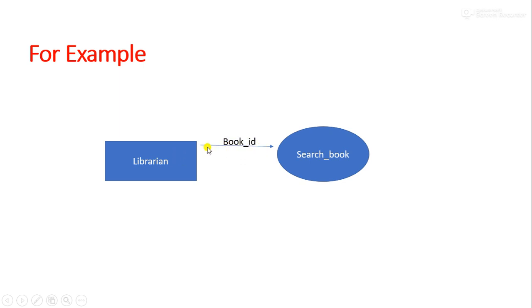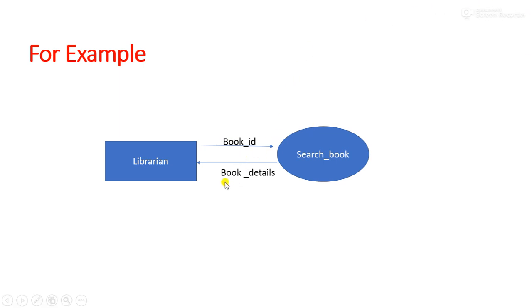So the librarian uses this book ID to search the book, or this book ID is the input to this search function. This search book produces some output, and the flow is represented using this arrow, and the data is the book details. So this is how we can represent the flow of data from one entity to another entity.